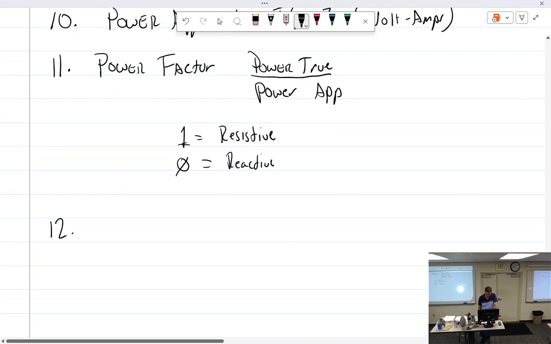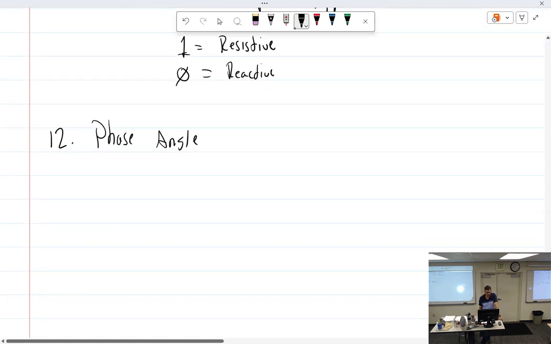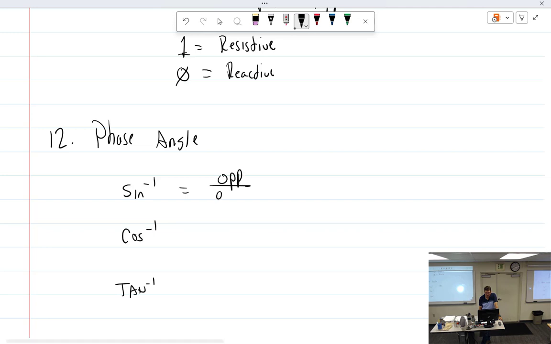Twelve, which we didn't do in this order: phase angle. Which would be sine minus 1, cosine minus 1, or tan minus 1.